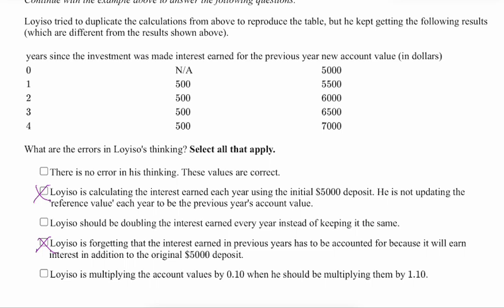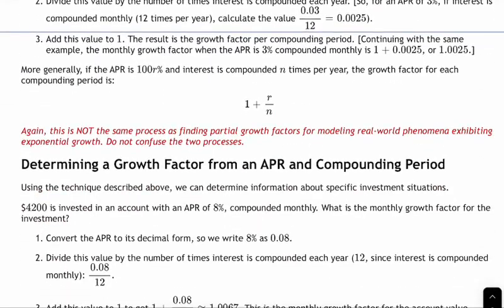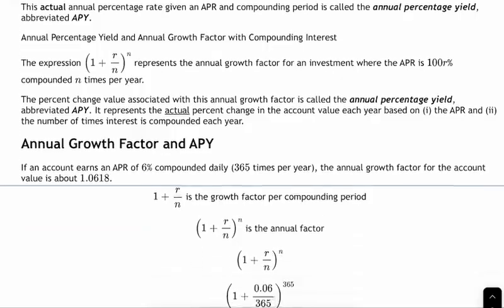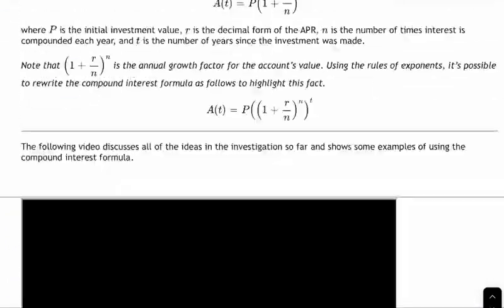So I believe that's the ones we want there. Okay. So that one is done.